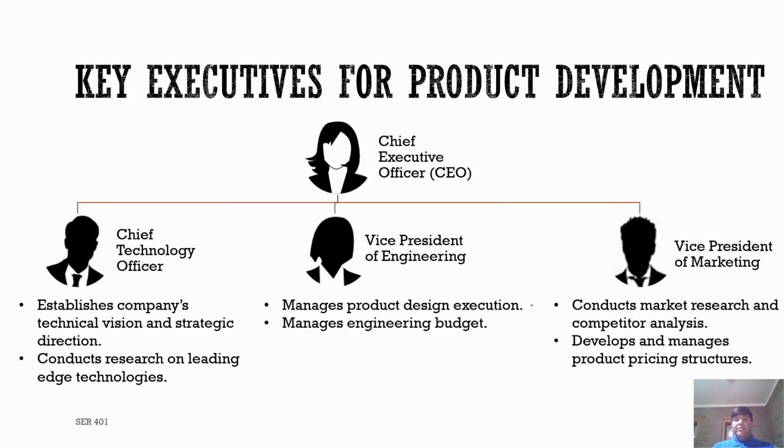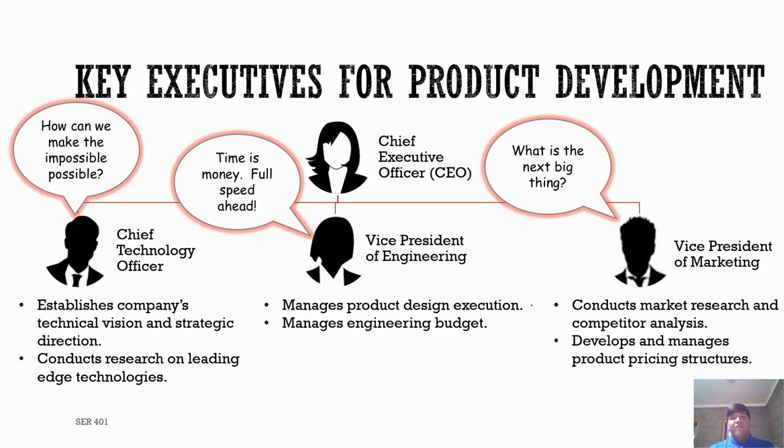Okay, so just to give you guys a flavor for these three roles, here are some catchphrases or common quotes that maybe you'd hear from these different people. The CTO: how can we make the impossible possible? Their job is looking at technology, saying, what can we build? What might be a market we want to get into? What is something that's feasible?